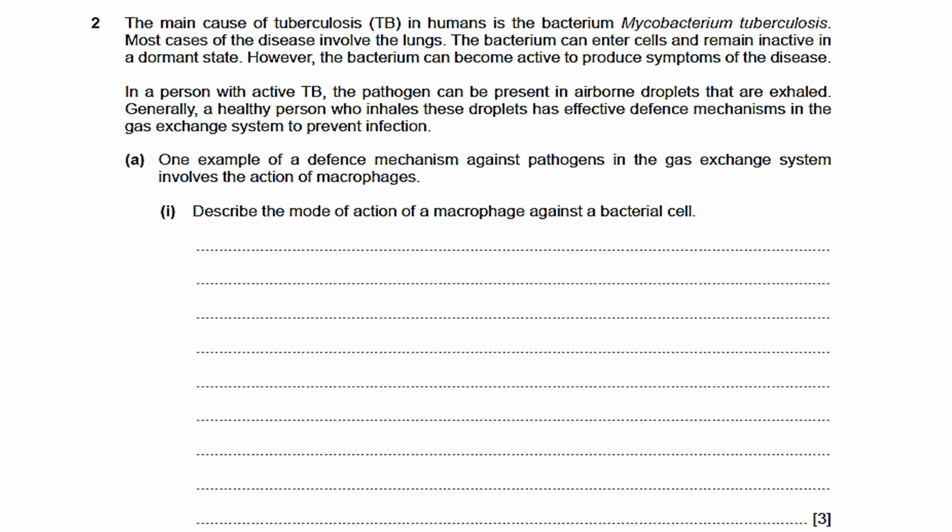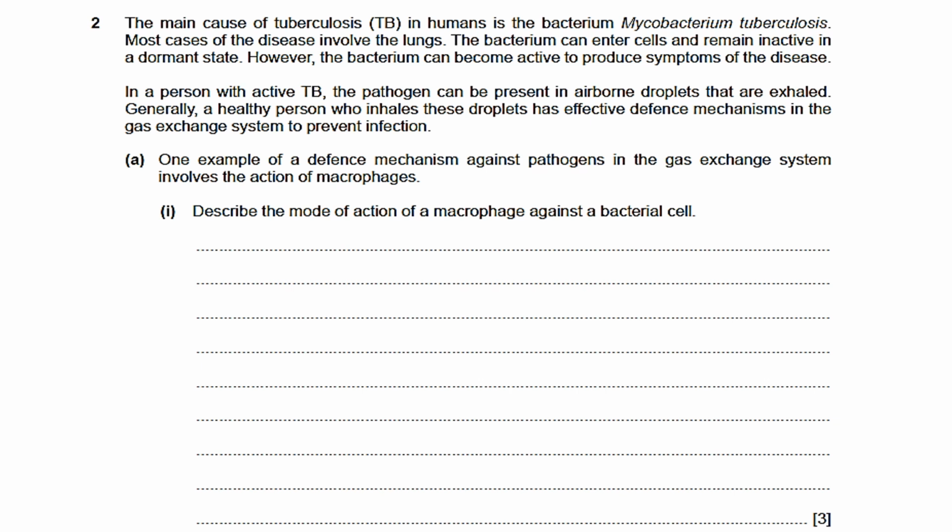So the main cause of tuberculosis in humans is the bacterium Mycobacterium tuberculosis. Most cases of the disease involve the lungs. The bacteria can enter cells and remain inactive in a dormant state. However, the bacterium can become active to produce symptoms of the disease. In a person with active TB, the pathogen can be present in airborne droplets that are exhaled.